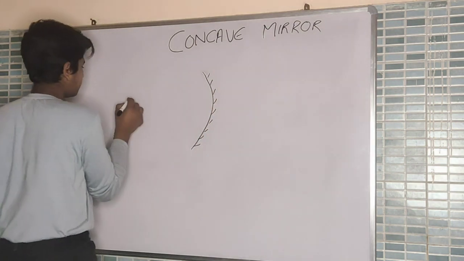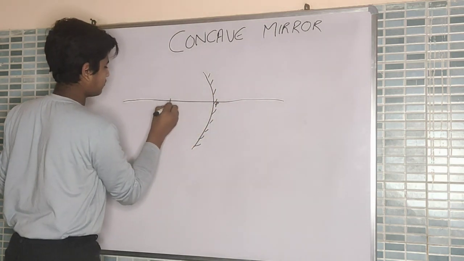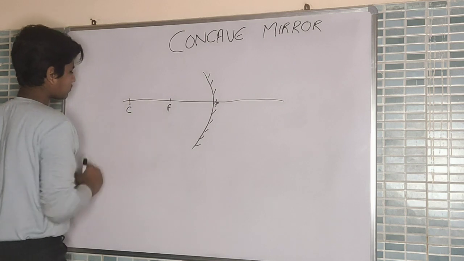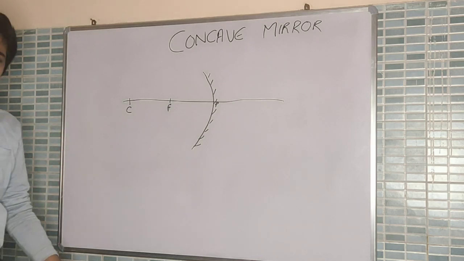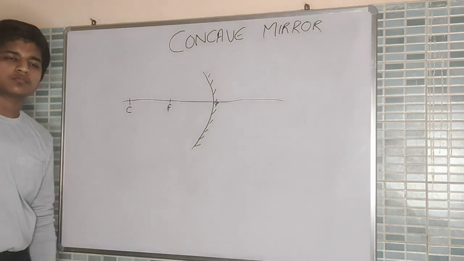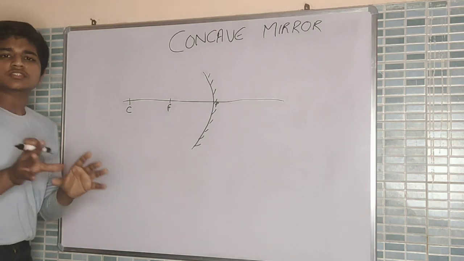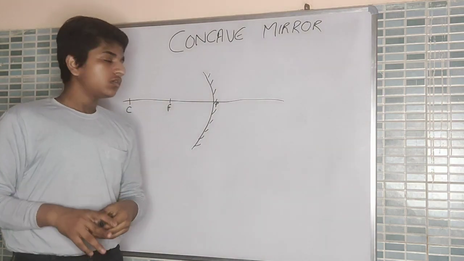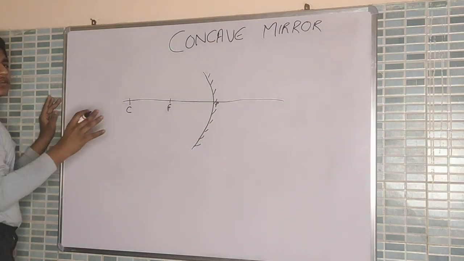And the first ray diagram is: if an object is kept at infinity, the rays of light will come from anywhere. Suppose the object is kept anywhere at infinity.